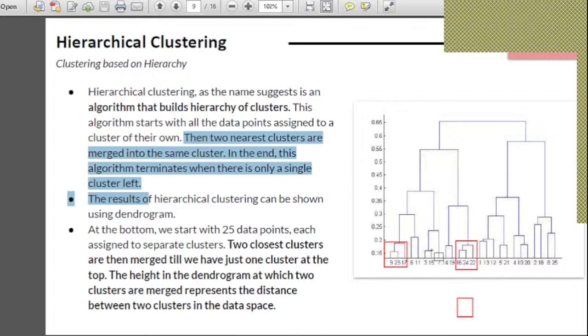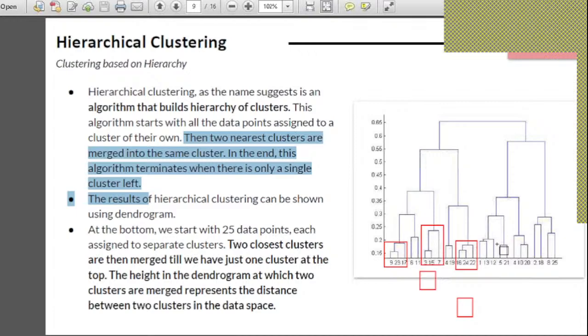Now a similar activity happened with 3 and 15, and the closest point to 3 and 15 was 7, and this became another cluster, right? Small clusters.